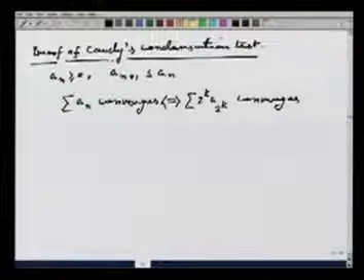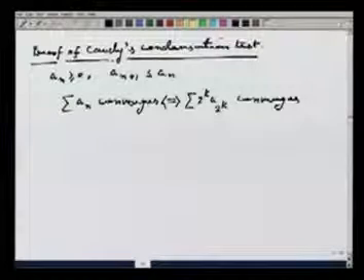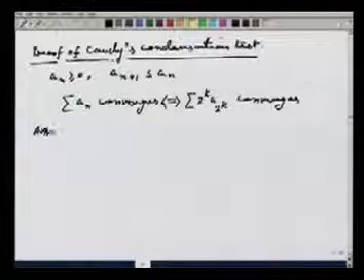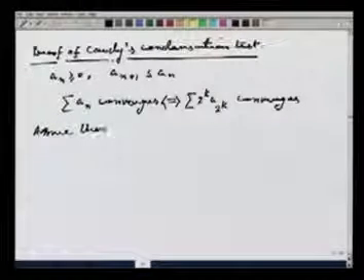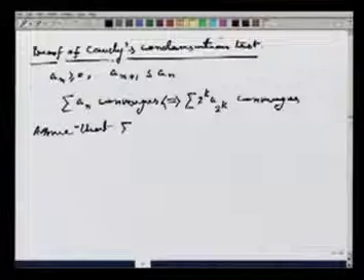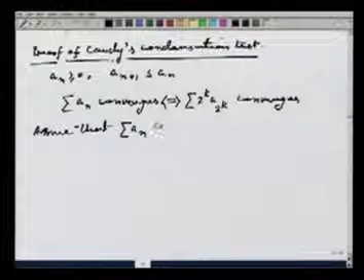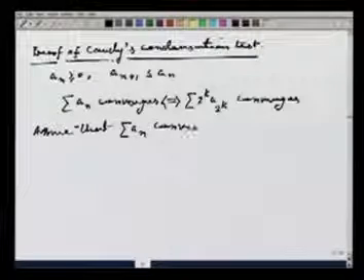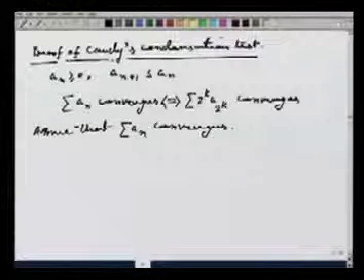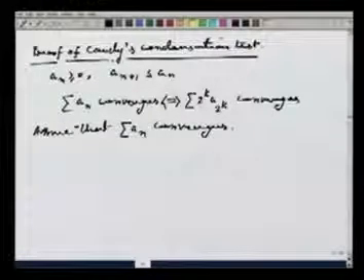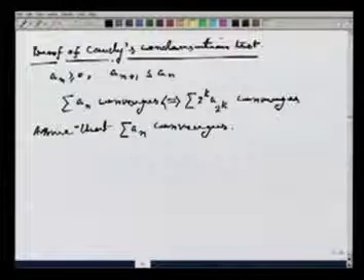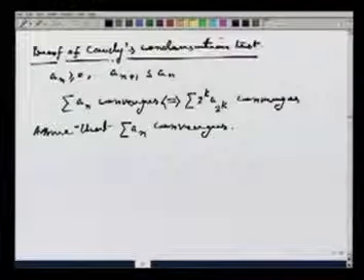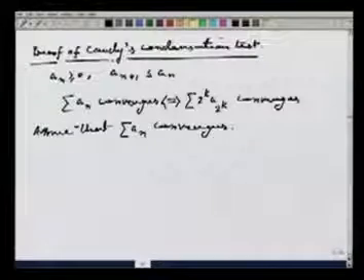Okay. So first let us assume that summation a n converges. I have to show that summation 2 to the power k a 2 to the power k converges. That means I have to look at the partial sums and try to show that it converges.